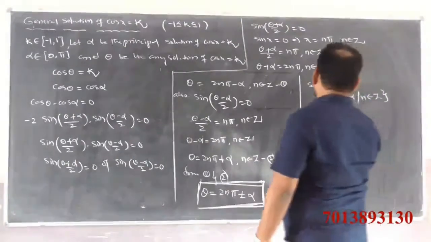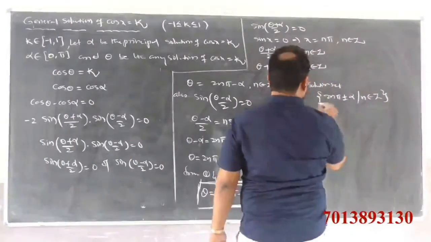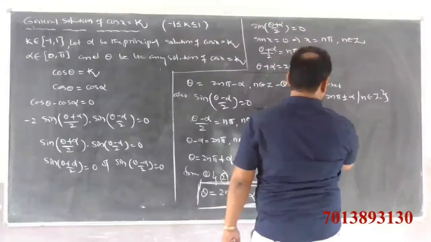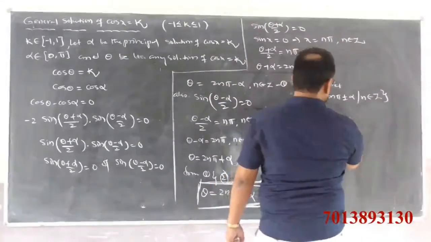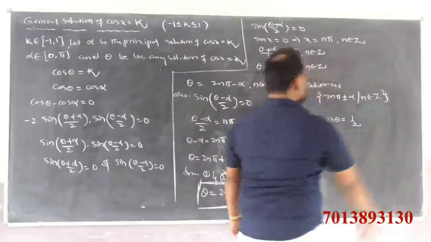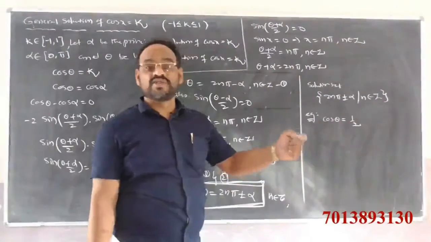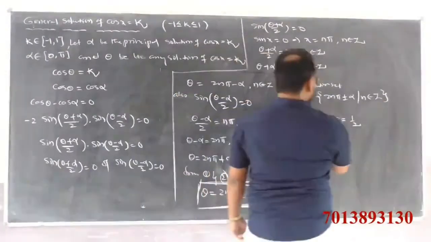For example, consider one example here. If cos theta is equal to 1 by 2, we want the general solution of the given trigonometric equation.